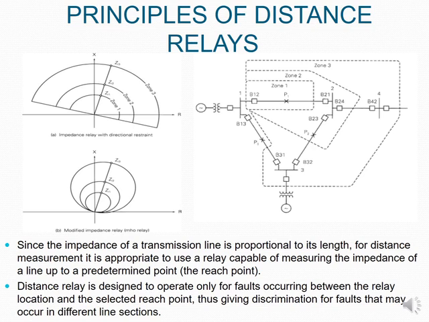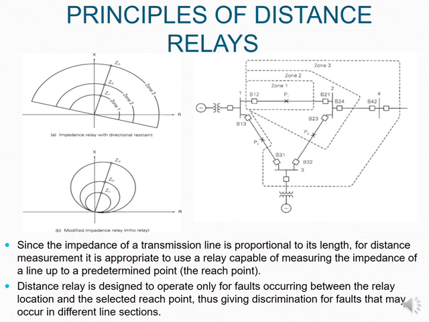Then looking at my right hand side, you can see here that I've got a network with two generators in it. And in this network, if I had to say that my relay was at where my B12 or at where my bus bar 1 is going to be, then this relay would have its zone 1 at the point that you can see there marked, which is about 80% of that first line.